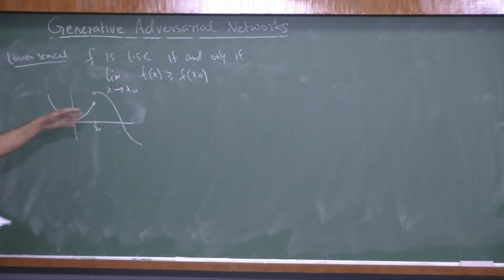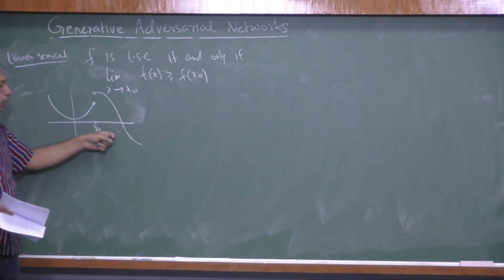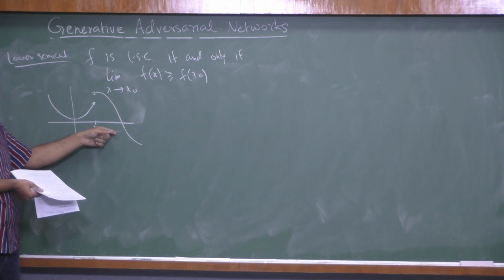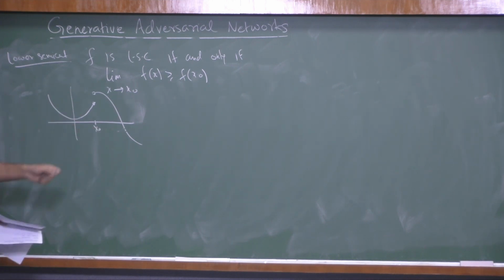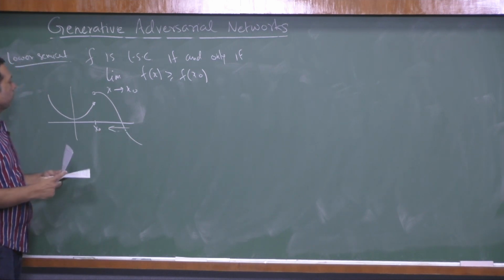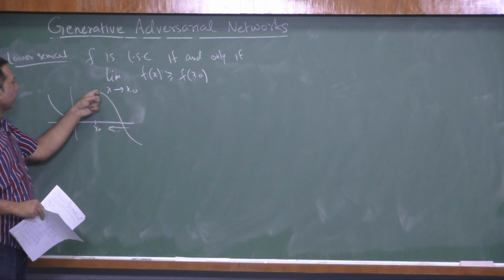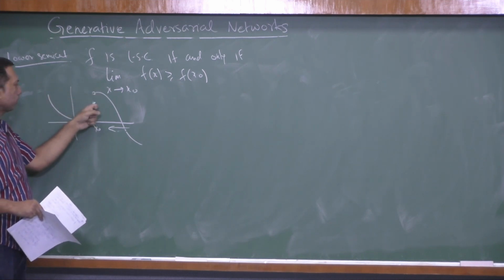In this case it's not matching for sure, where the right and left limit don't match. But if I'm going to x naught from the right, in the limit I can go until very close. The limit does not say that at the point it has to be there, right? In the limiting case, as x approaches from here, f(x) is larger than f(x naught), very close to x naught.